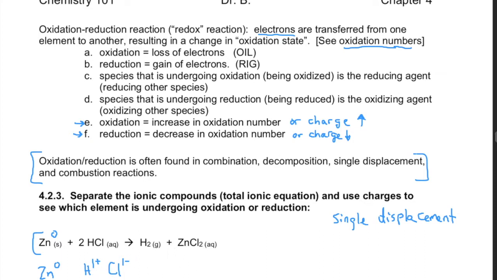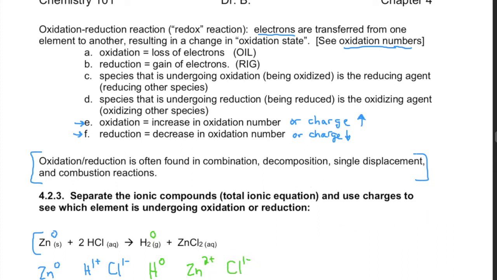On this side of the chemical equation, we have hydrogen gas, and hydrogen gas molecules have zero charge on them. And so each of the hydrogens in the molecule has zero charge. Then we have zinc chloride, which is an ionic compound. It's made up of zinc ions and chloride ions.